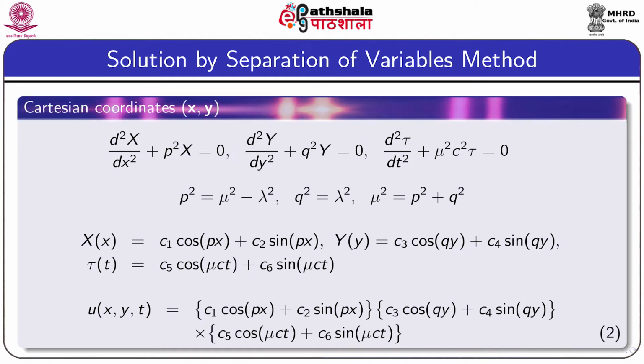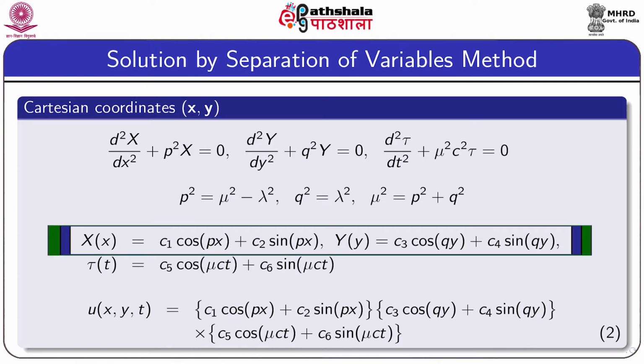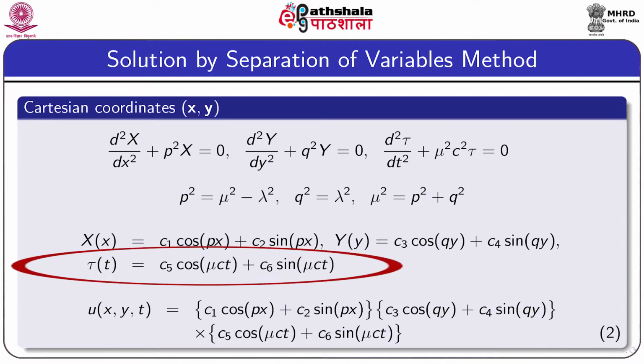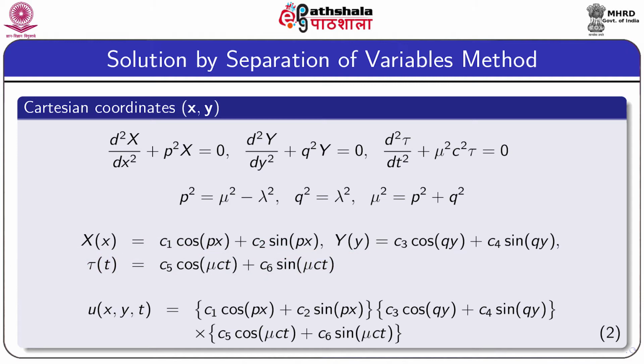Now, the equations for X, Y and tau can be solved easily, and the solutions are X = C1 cos px + C2 sin px, and the solution for Y is Y = C3 cos qy + C4 sin qy, and the solution for tau is τ = C5 cos μct + C6 sin μct, where C1, C2, C3, C4, C5, C6 are arbitrary constants, and they are determined from the supplied initial and boundary conditions.